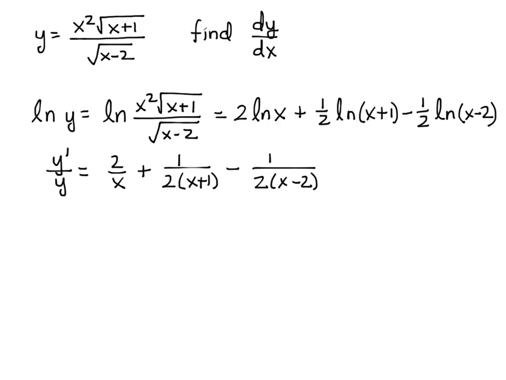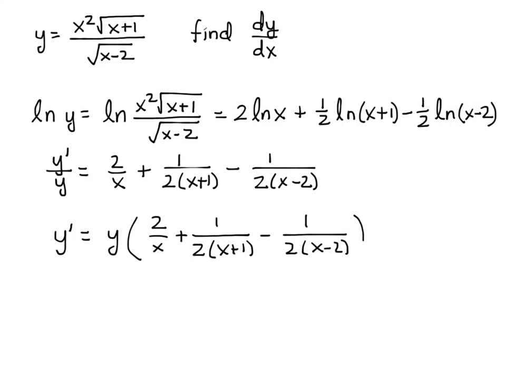Okay, that was straightforward enough. There's really no chain rule to worry about because those are all linear expressions in there, and we've just essentially taken the reciprocal of the argument of the logarithmic function. Now we multiply both sides by y, and we know what y is. y is our original expression, so I'm just going to pop that right back in there.